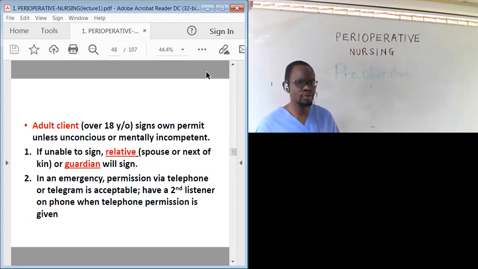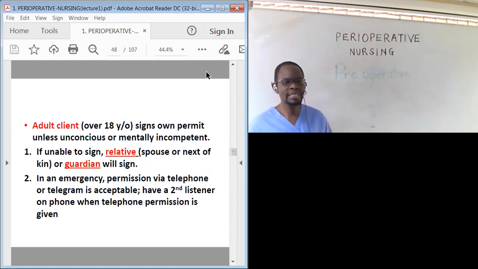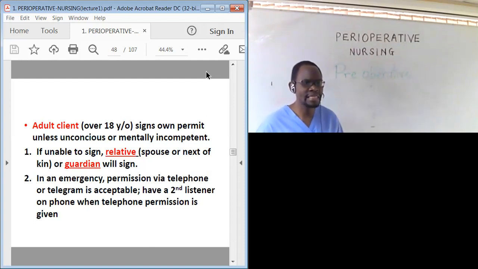And of course, who is allowed to give informed consent? A client above 18 years. We looked at this already when we were doing introduction to nursing. A client who is above 18 years may sign their own permit, unless they are unconscious or mentally incompetent, as we said earlier. If unable to sign, then we get what we refer to as the medical proxy, or the healthcare proxy.